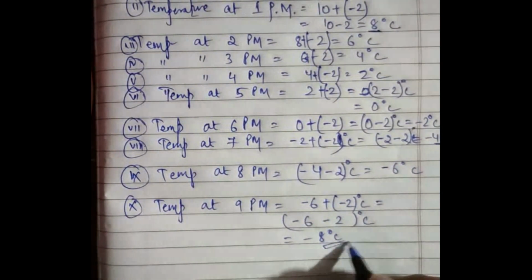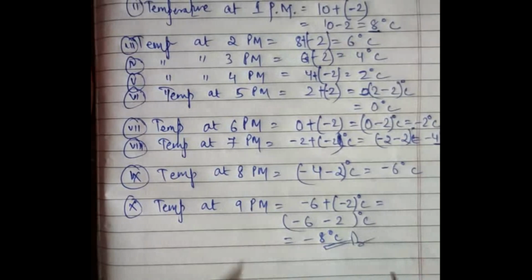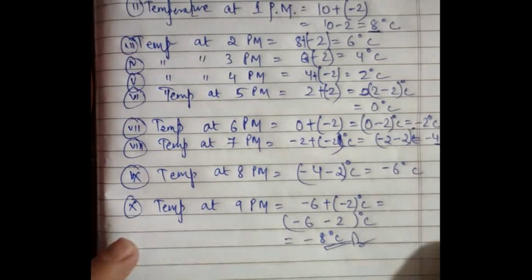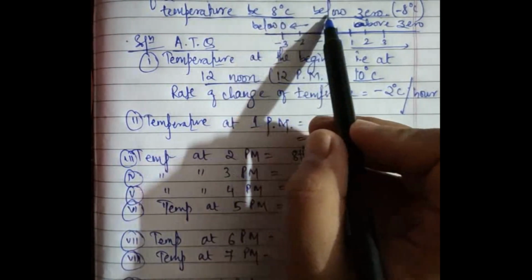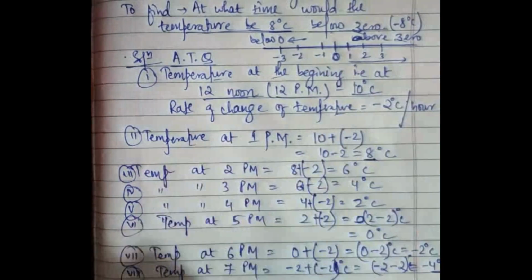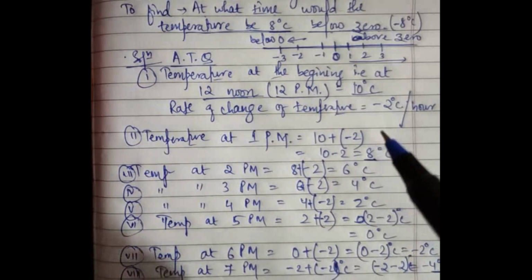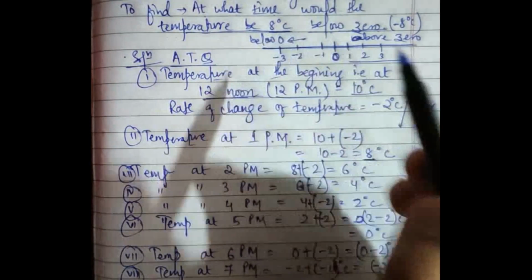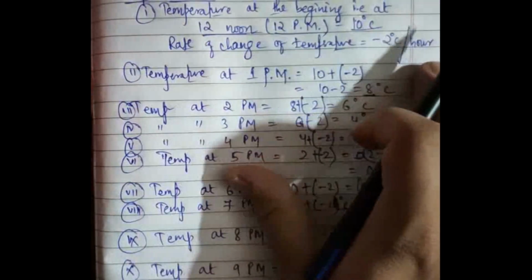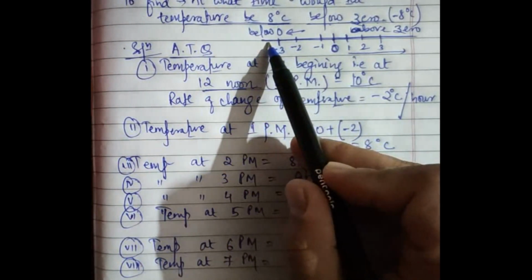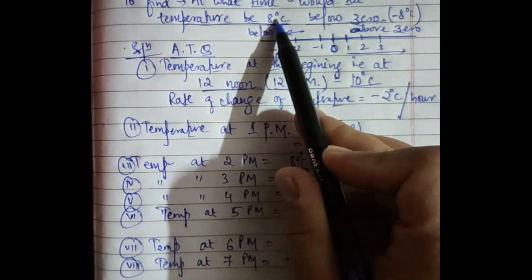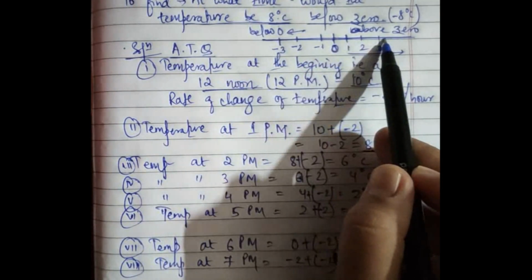We have to get at what time the temperature will be minus 8 degree. That was not mentioned actually in the question. It was not mentioned minus 8. It was mentioned below 0. That is the biggest hint given in the question. Alright. Below 0 means minus 8. In a number line, below the 0 is a negative integer, and above the 0 is the positive integer.